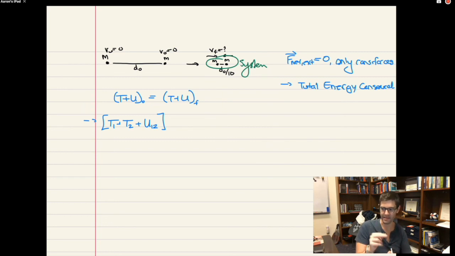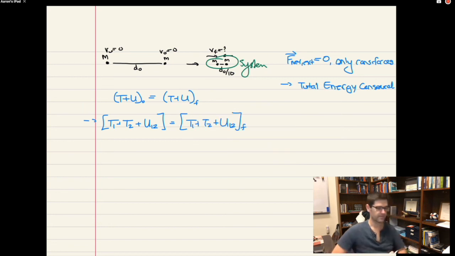You would not say they each have their own potential energy, but there's a potential energy associated with them as a pair. They could get closer, they could get farther away. As a result, gravity has to do work when it does that. And then that equals the final kinetic energies plus the final potential energy between them.